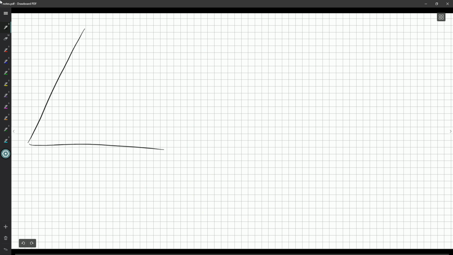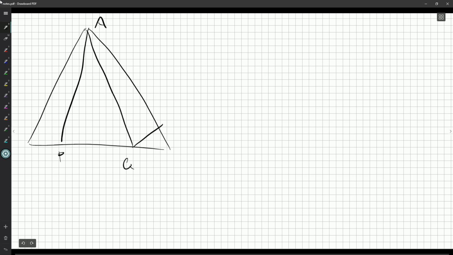Draw my picture again. Here's A, P, Q, X, Y. Okay. So I'm going to say let XAP be little x, and let YAQ be little y. So we get little y here, x here.